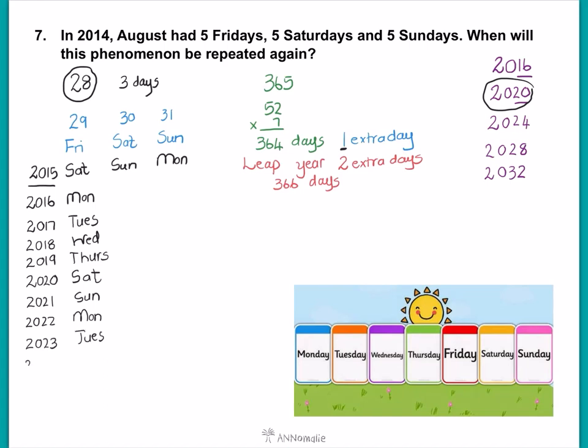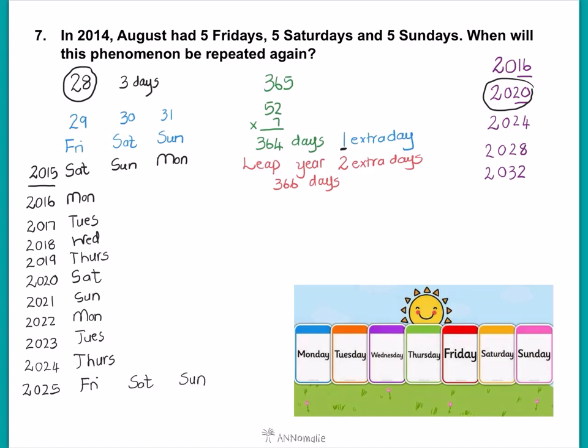And then 2024 is once again a leap year, so we skip a day, skip the Wednesday, this will be a Thursday. And then in 2025, the 29th will be a Friday again, resulting in the 30th a Saturday and the 31st a Sunday.